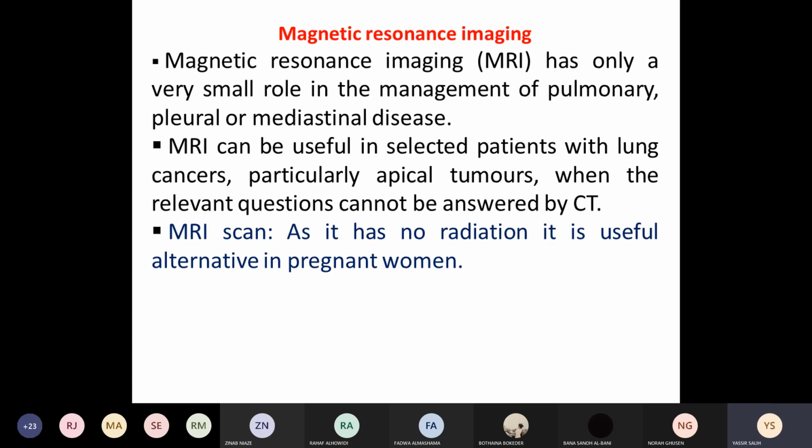Amenorrhea معناتها this patient may be pregnant and present with مثلا suspected lung tumor. What is the appropriate imaging technique? So MRI is appropriate. Why? Because CT and plain X-ray carry hazard for this patient. So the appropriate technique is MRI to avoid irradiation to the intrauterine pregnancy.